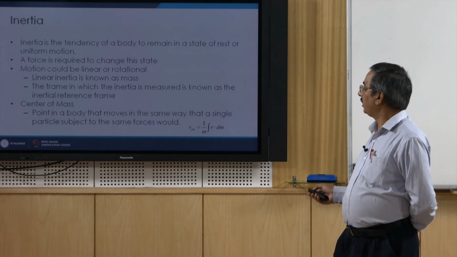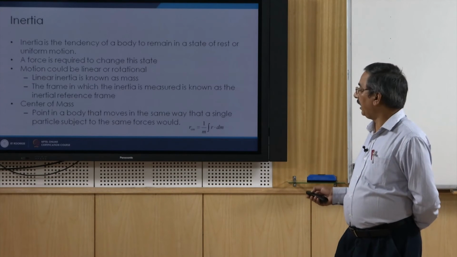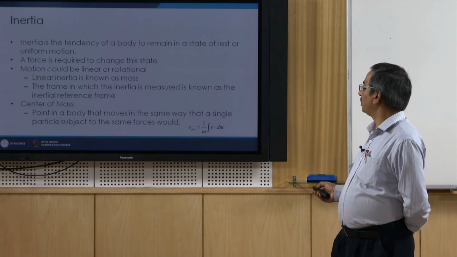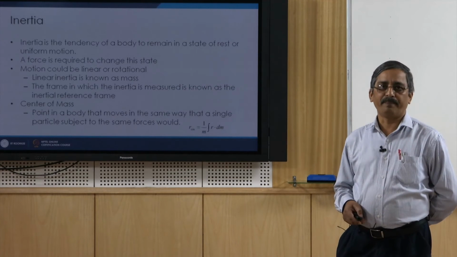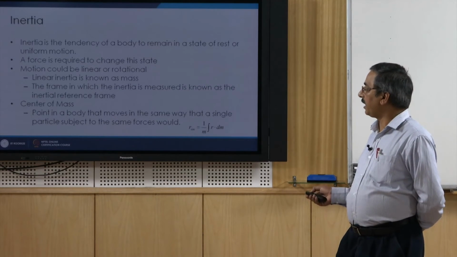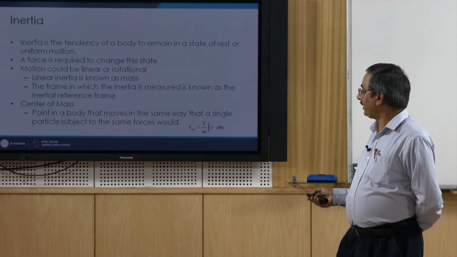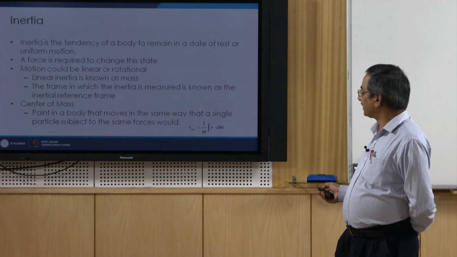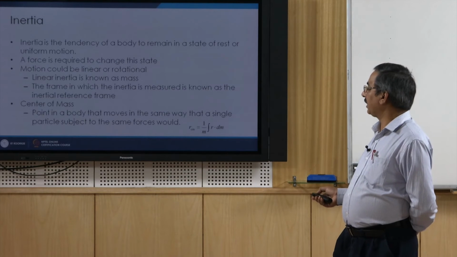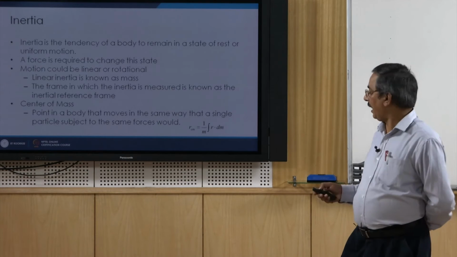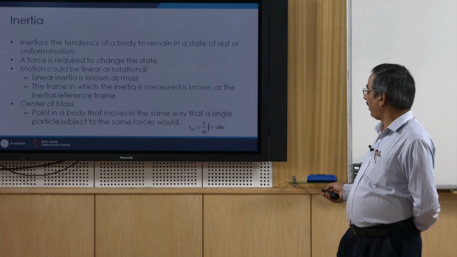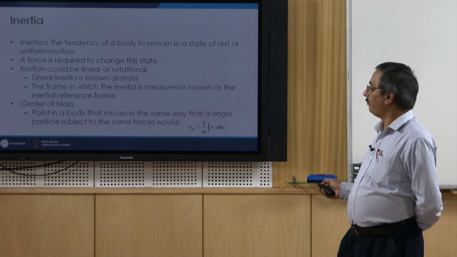Linear inertia is known as mass and the frame in which the inertia is measured is known as the inertial reference frame. Center of mass is the point in a body that moves in the same way that a single particle subjected to the same forces would move. And this way we can evaluate the center of mass.